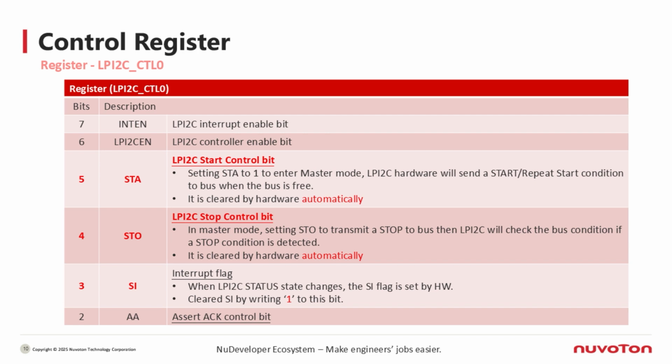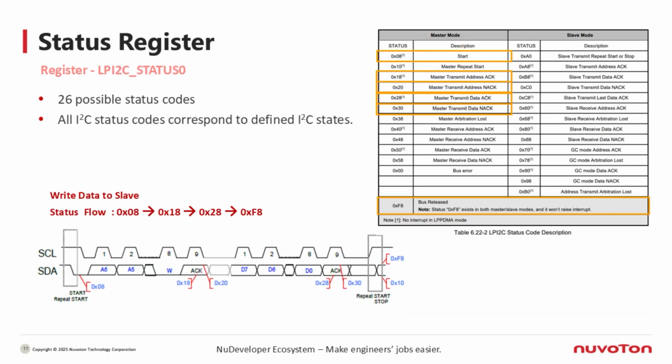Finally is the SI, bit 3, which is the interrupt flag. Whenever the low power I2C status changes, like after data is sent or an ACK is received, the hardware will set this flag to 1. You need to clear it manually in software by writing 1 to it, so the controller can proceed to the next operation.